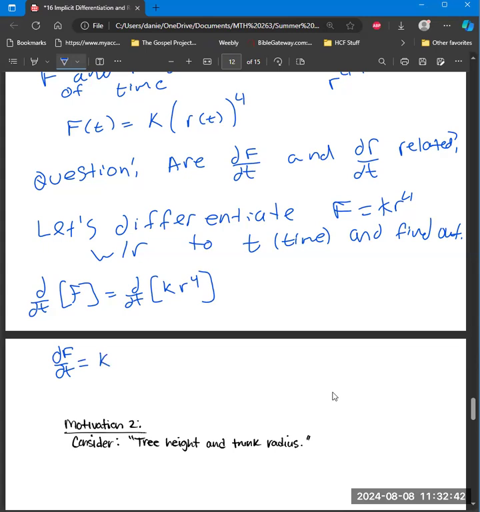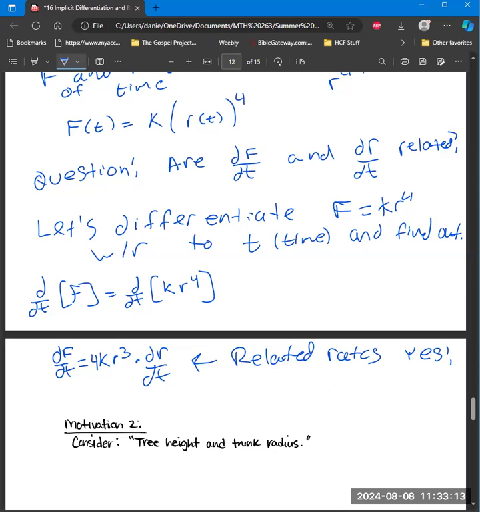And then the derivative of R with respect to t is 4R cubed times dr dt, and we have an equation for something called related rates. So the answer to our question was yes. This is a flow rate, this is a rate of change in the radius of the blood vessel, and they are related through this equation right here.